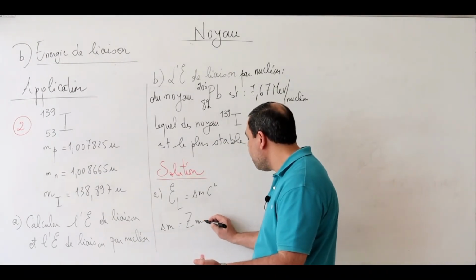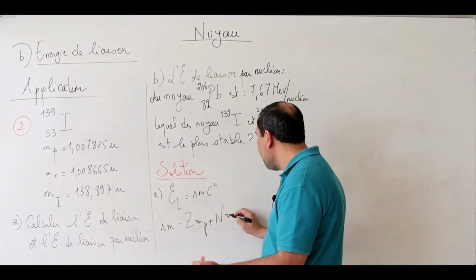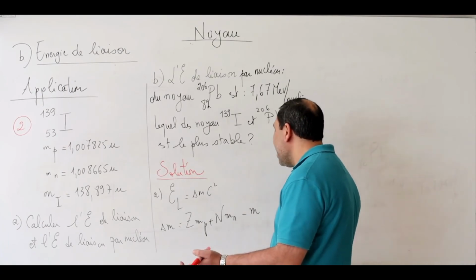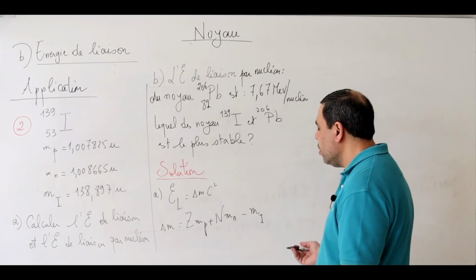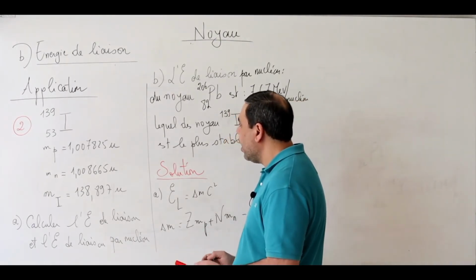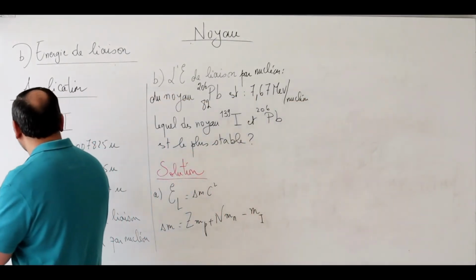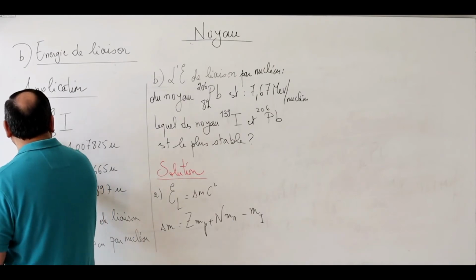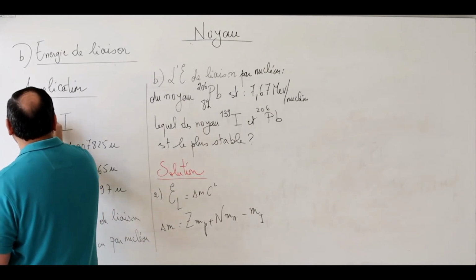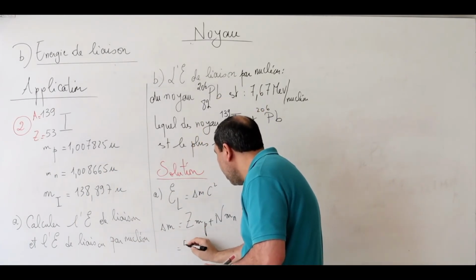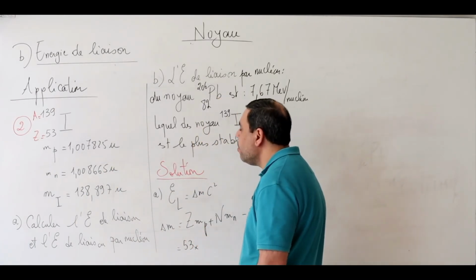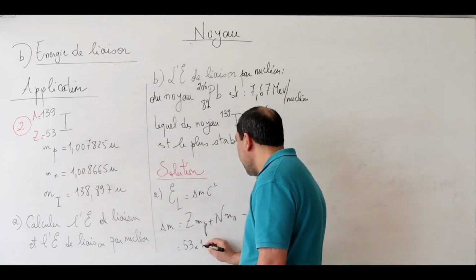The protons and neutrons form the nucleons, so Z M_P plus N M_N minus the mass of the iodine nucleus. Z equals 53. This is Z. And this is A, 139. The mass of a proton is given here.